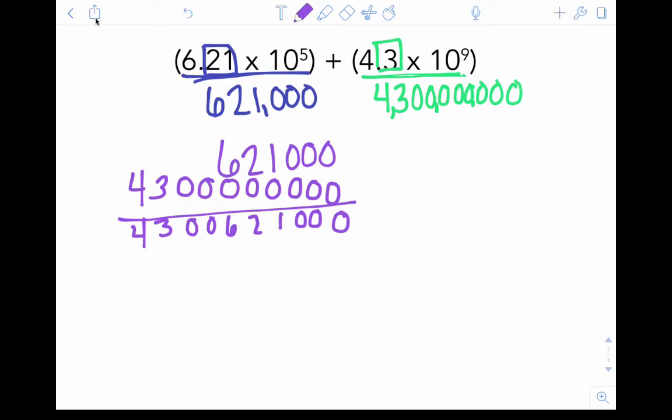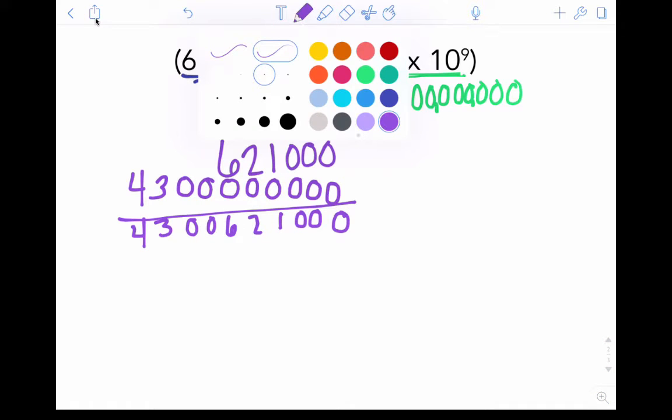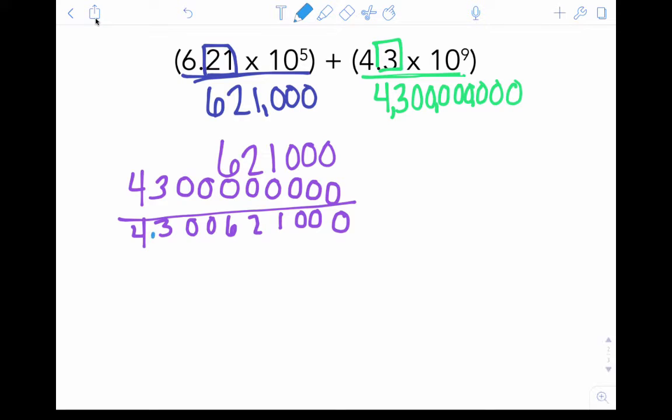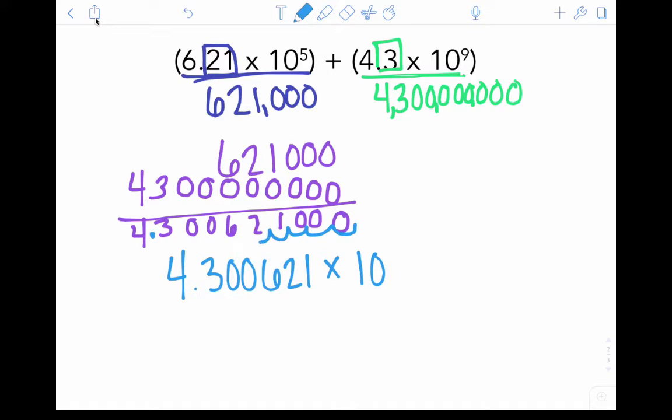So now that I have this added, I need to write this in scientific notation. My decimal will go right here to make that number between 1 and 10. So this is 4.3000621 times 10, and I moved my decimal point 1, 2, 3, 4, 5, 6, 7, 8, 9 times.